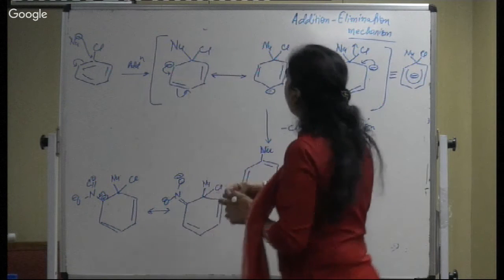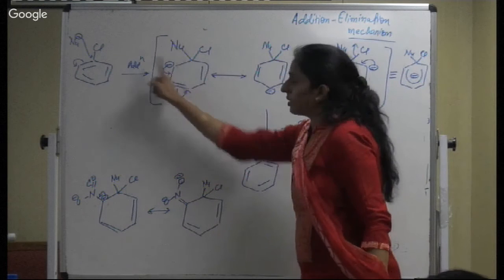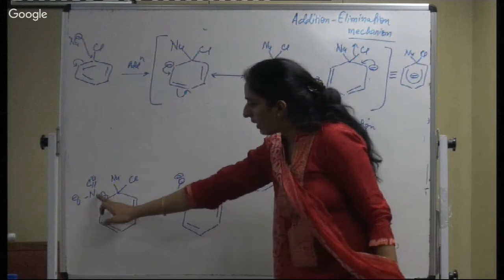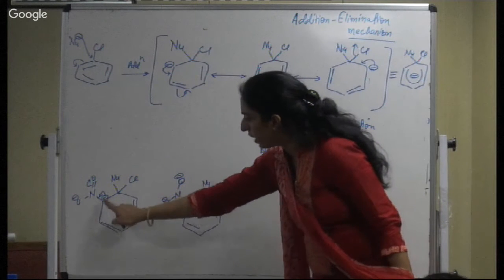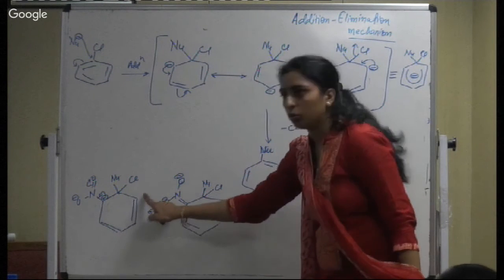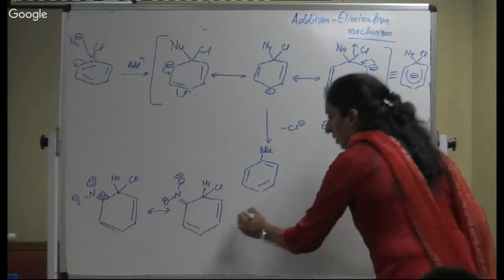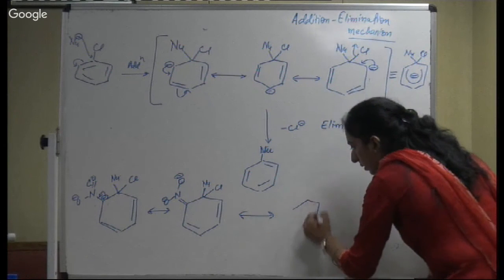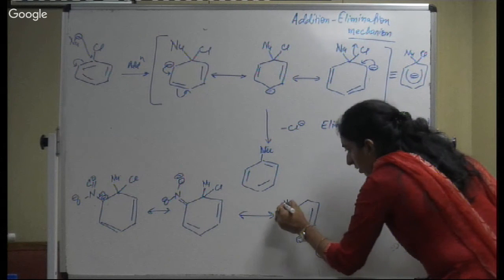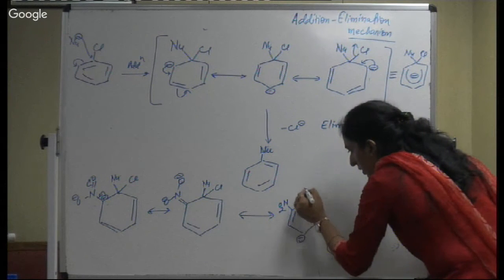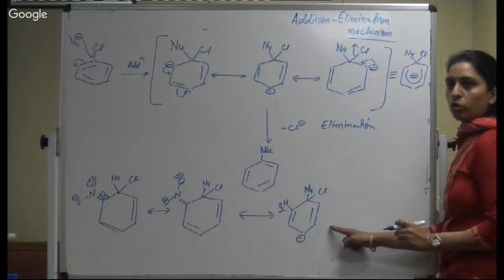See, these three resonating structures are always possible. I'm putting nitro at this, so because of that nitro, I can get one more resonating structure. Otherwise, this negative charge would have gone at para and ortho. So in total, here I am getting 4 resonating structures. Do you all agree? This structure I am writing from the first one. The first one can go to this form also.